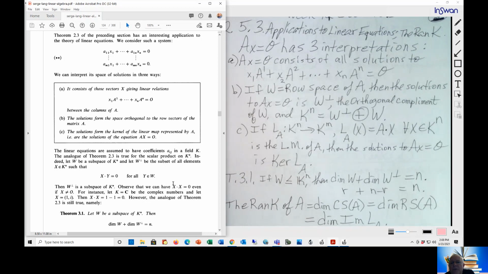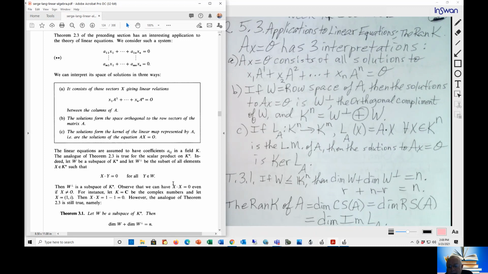And so you see in my handwritten notes on the right side here, part A is the solutions of the linear relations among the columns of A, and in part B, when we let W be the row space of A, then the solutions to AX equals 0 vector is W perp, the orthogonal complement of W, and Kn is the direct sum of W perp and W, or vice versa, W plus W perpendicular.